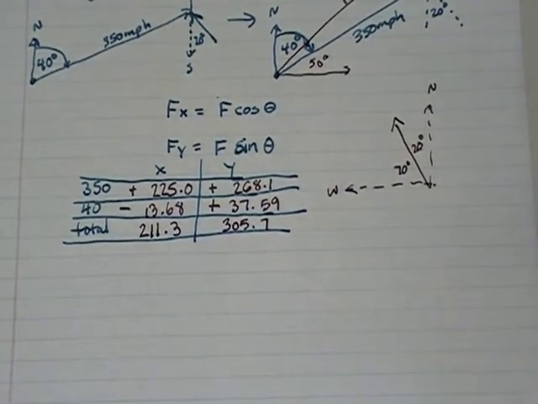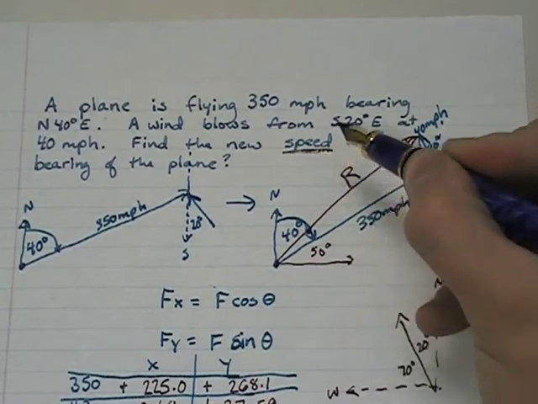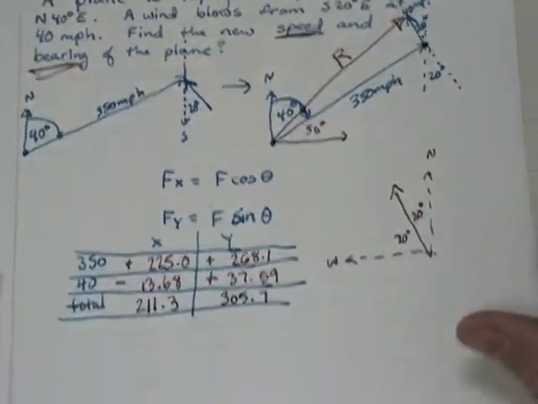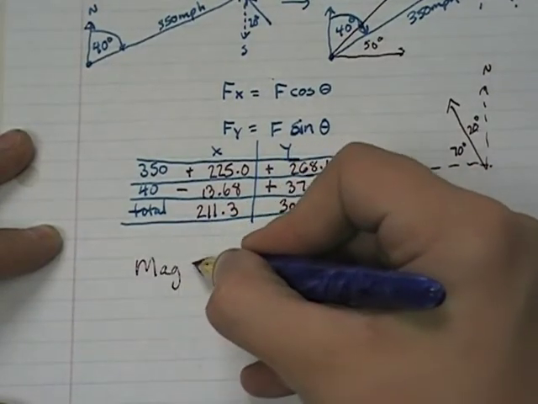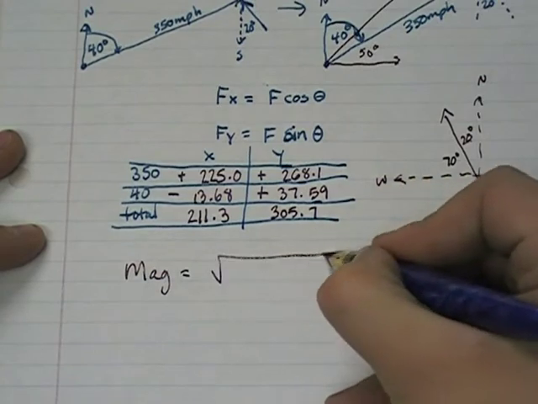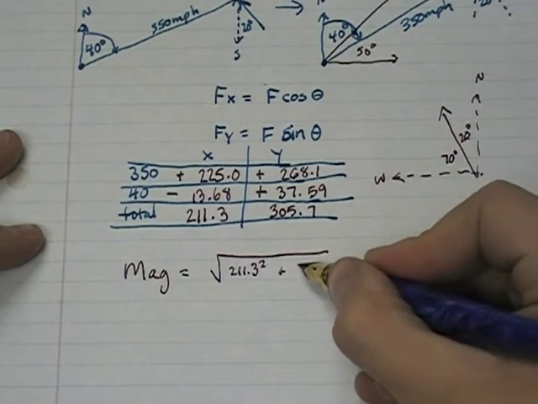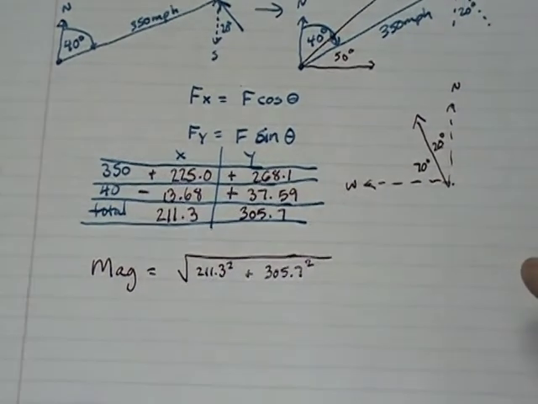But we don't want the components. We want the magnitude, which is the speed, and the bearing, which is the direction angle. So the magnitude is real simple. How do you find the magnitude of any vector? You square the components and take the square root.